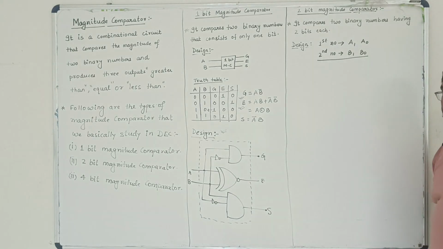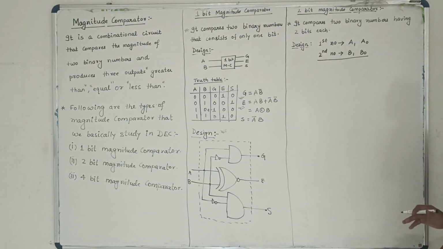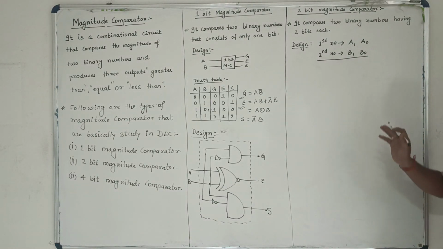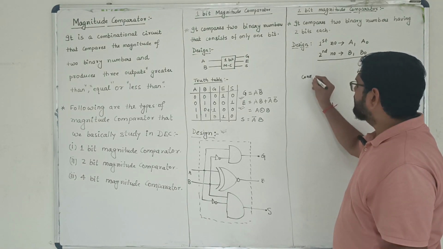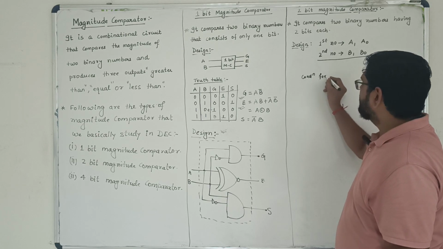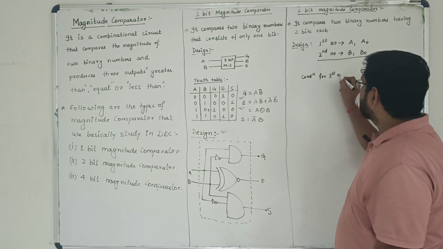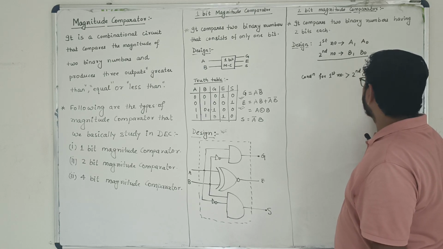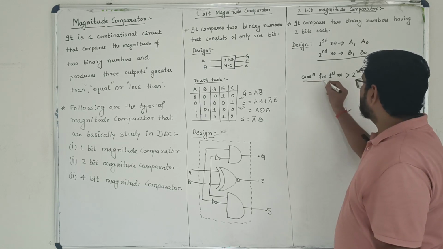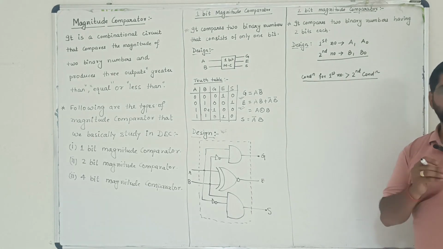If I ask you to tell me the condition in which the first number is greater than the second number, what are the conditions? Once you find it out, you will be able to write the expression in a single moment.